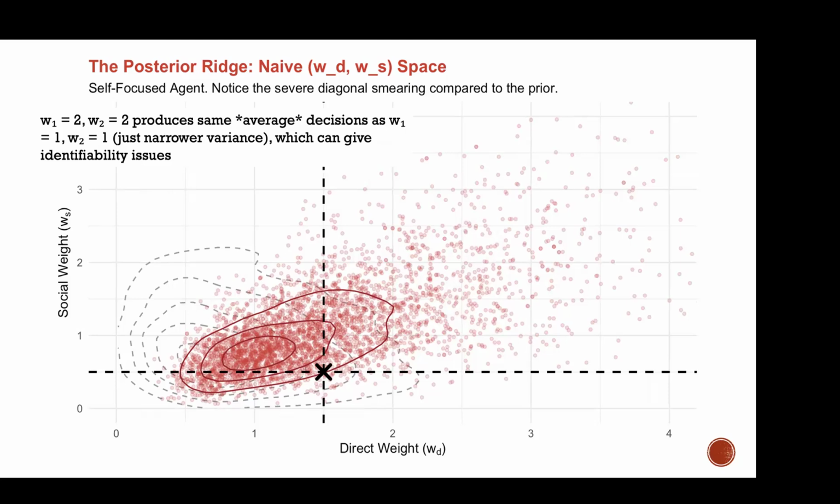If you have a social weight of 3 and a direct weight of 1, that will produce very different patterns of choices with different evidence levels in the two sources. But the way I understand the issue here is that you can have many weight pairs. Yes. The same behavior. Yes. Exactly. And that's where the ratio between the one weight and the other weight is the same.